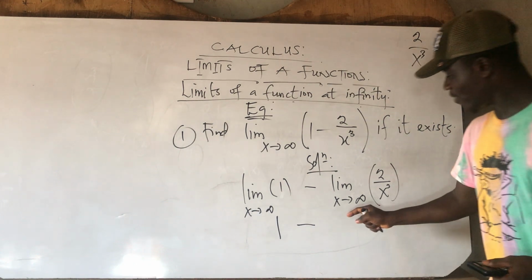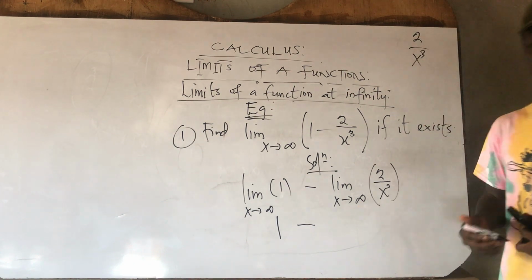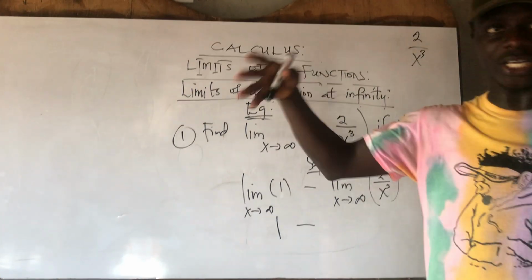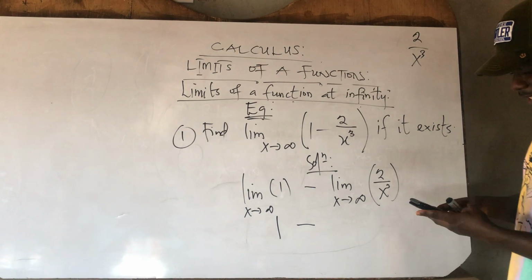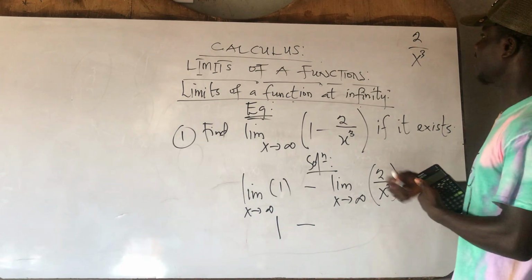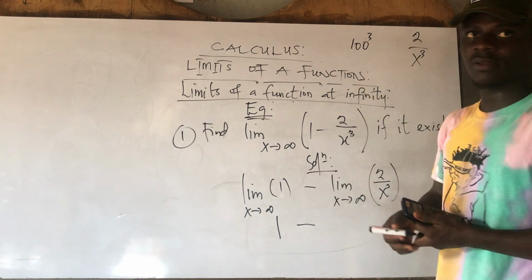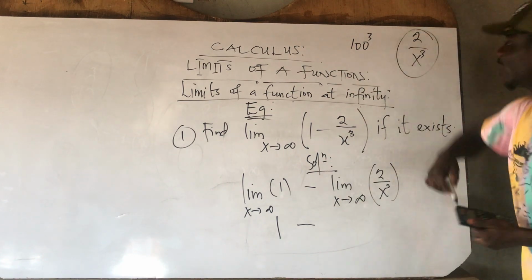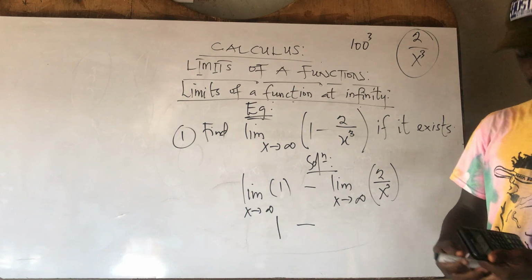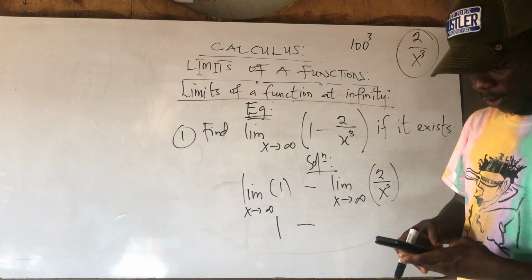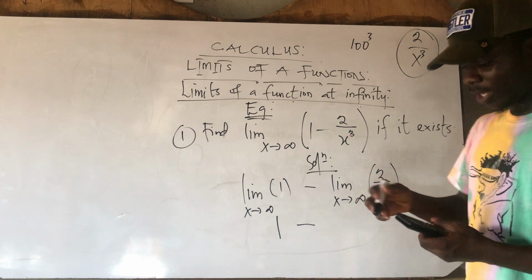So wherever you see x, we are placing in a larger value, right? A big number. So let's say we are taking the larger value to be 100 to the power 3, right? And let's see the behavior of this function, right? Okay, so 2 on 100 to the power 3. So we had what?